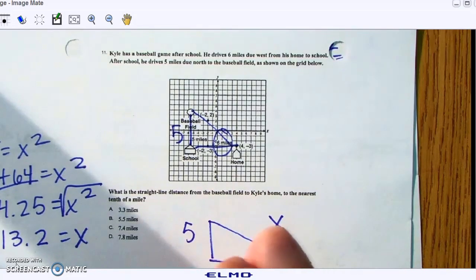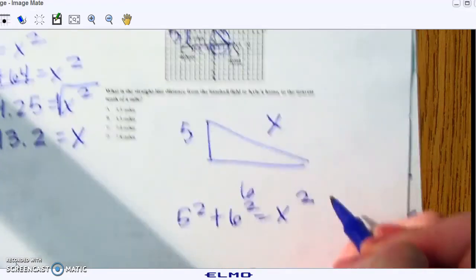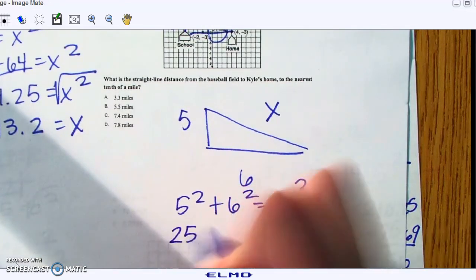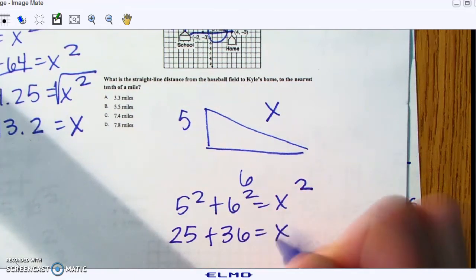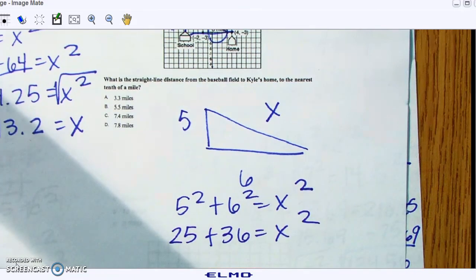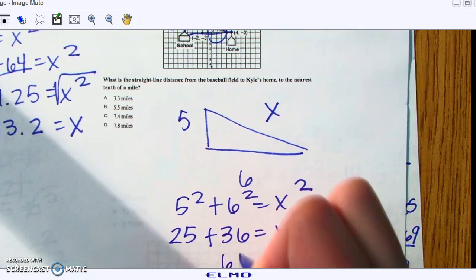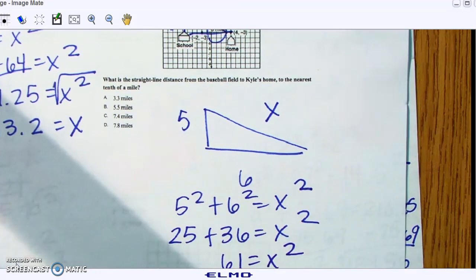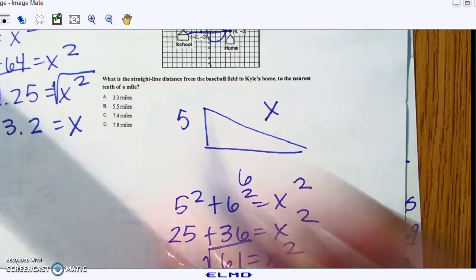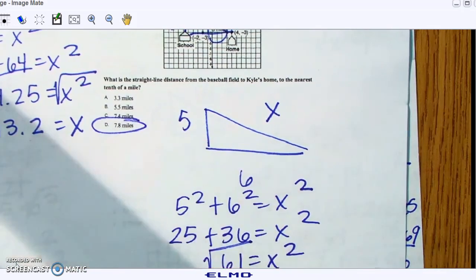So Pythagorean theorem, 5 squared plus 6 squared is x squared. 25 plus 36 is x squared. 25 plus 36 is 61. Square root of 61. And I get 7.8, which is D.